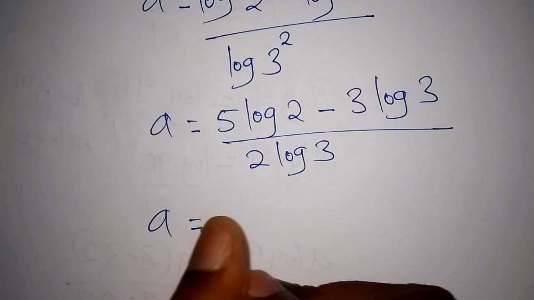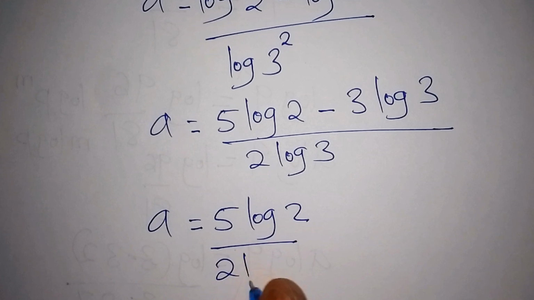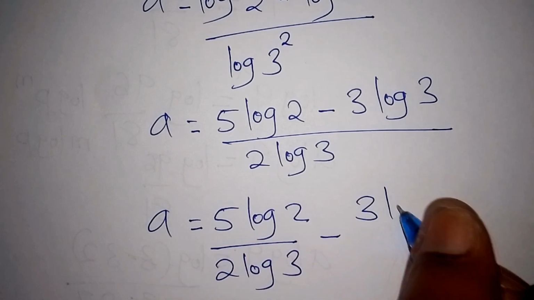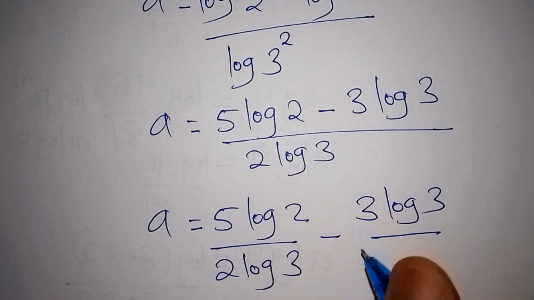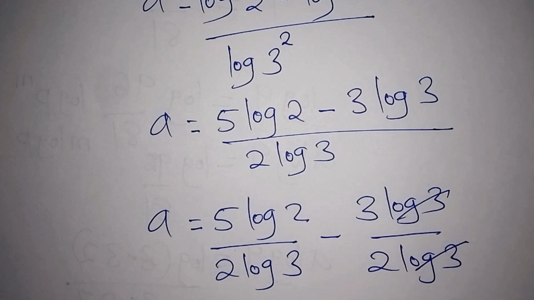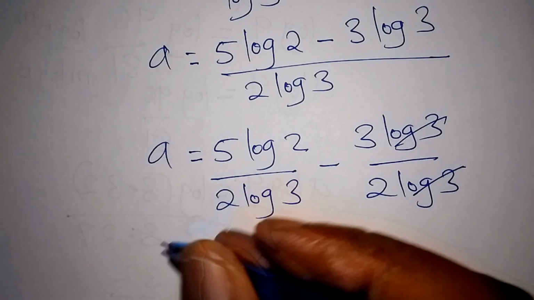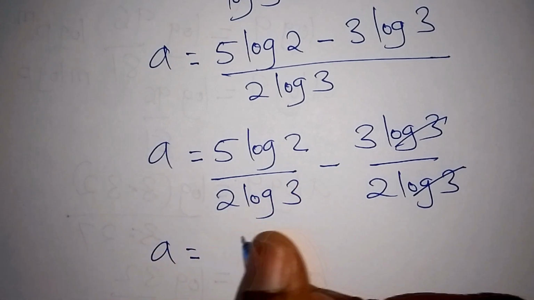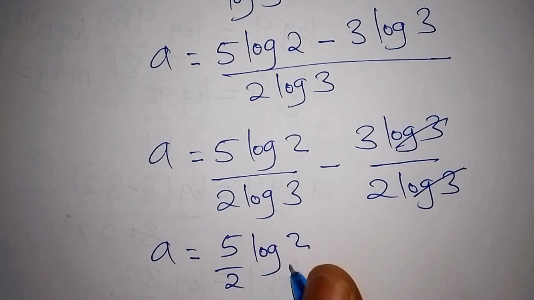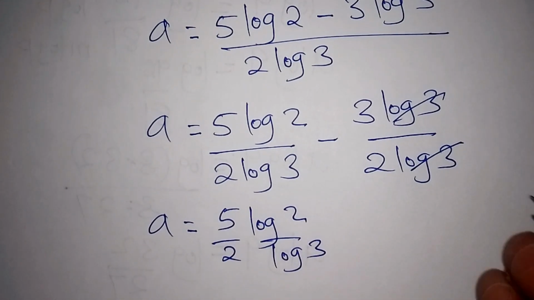So our value for a is equal to 5 log 2 over 2 log 3, minus 3 log 3 over 2 log 3. Here log 3 and log 3 shall cancel, so we remain with 3 over 2. So a is equal to 5 over 2, the log of 2 all over the log of 3, minus 3 over 2.